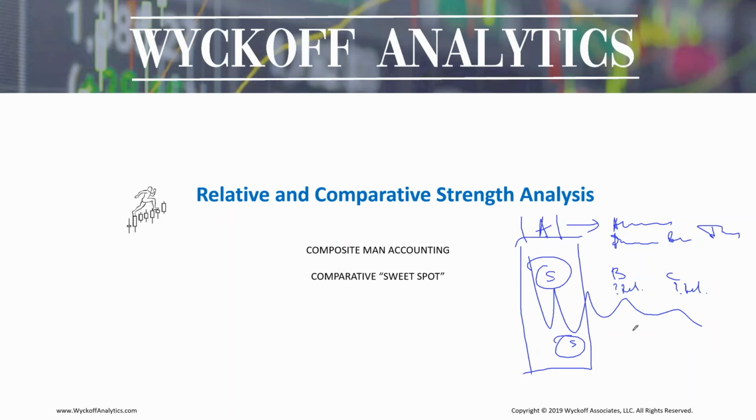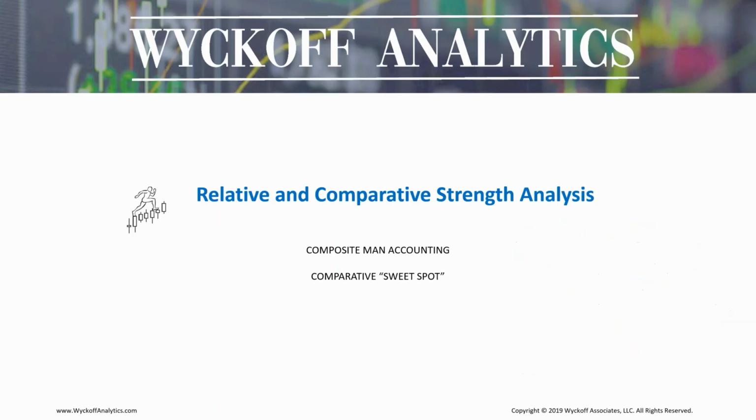And if we see enough observational points in phases B, C, and D, that would suggest that institutions are present, they are aggressively accumulating, this is the stock that we're going to pick. And obviously phase C and D are crucial to us, so this is where we would be looking at the relative comparative performance.